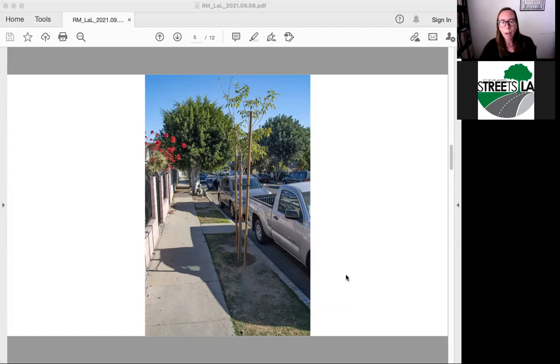So here we have a very small parkway. We find that in a lot of the areas that have low tree canopy cover, we frequently have conditions like this, where the parkway is either non-existent or very small. I would say that this is about a 3-foot wide parkway, and that really limits what we can put in place. You can see in the background, we've got a ficus tree that was planted by someone at some point.